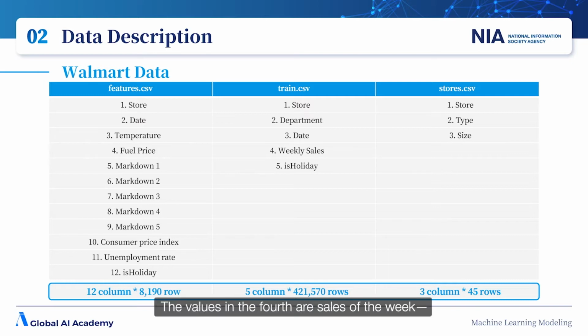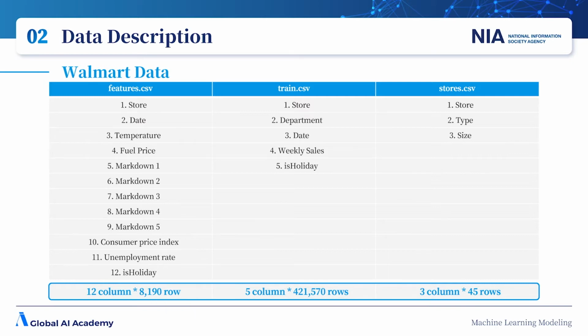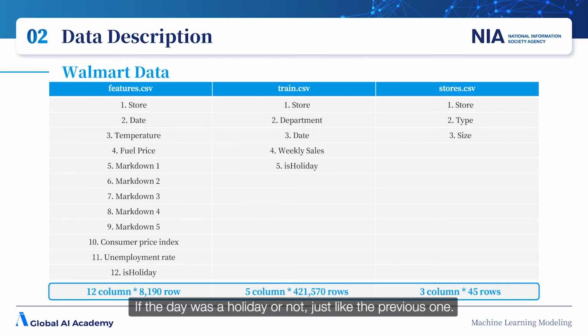The values in the fourth are sales of the week. Weekly sales. The last one is holiday, which shows if the day was a holiday or not, just like the previous one. So it has 5 columns and as many as more than 421,000 rows in total.